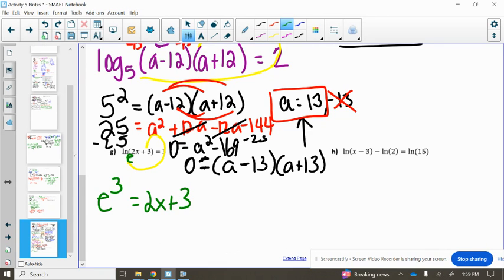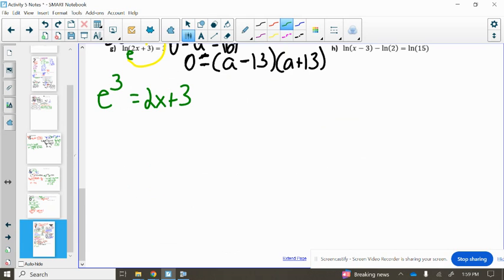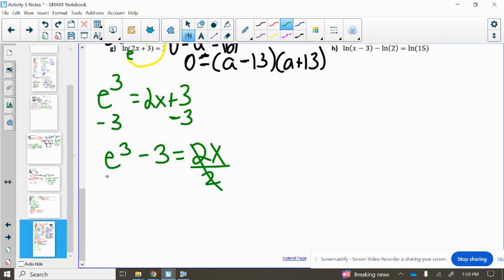Now, e to the third power is a value we can get from our calculators, and we are going to subtract 3 from that to get x by itself. And then we still have 2x, so to get x completely alone, we can divide all that by 2.